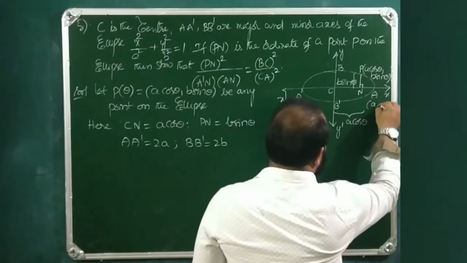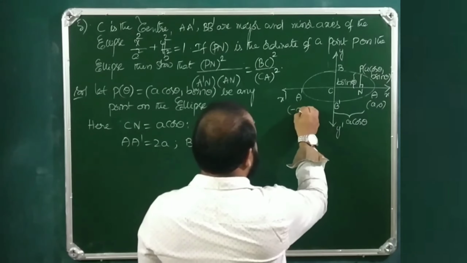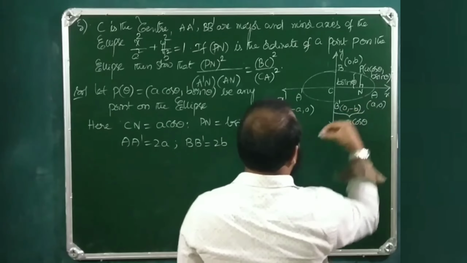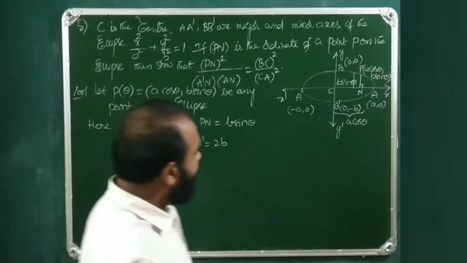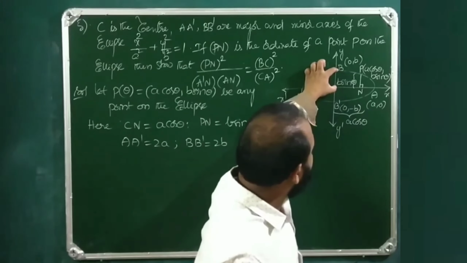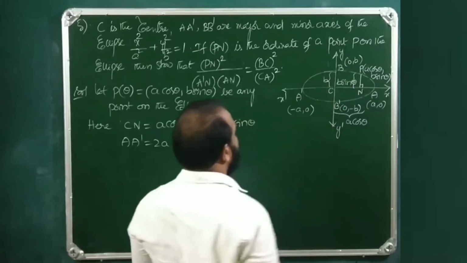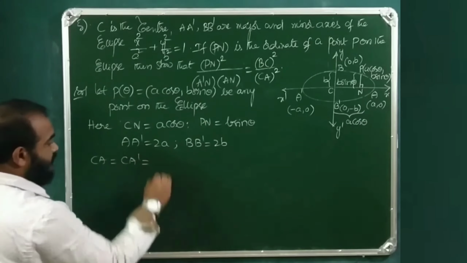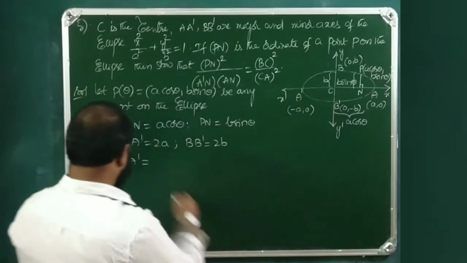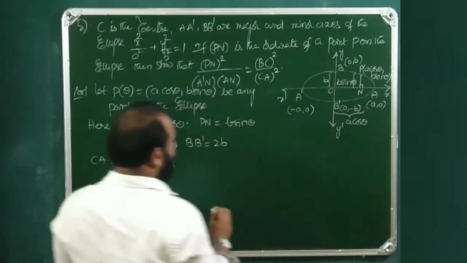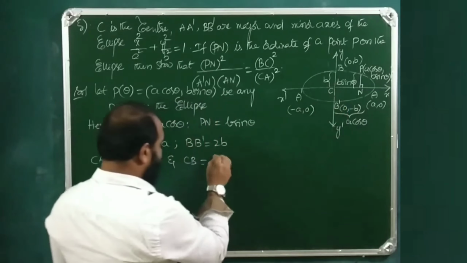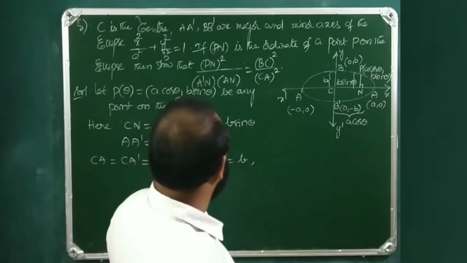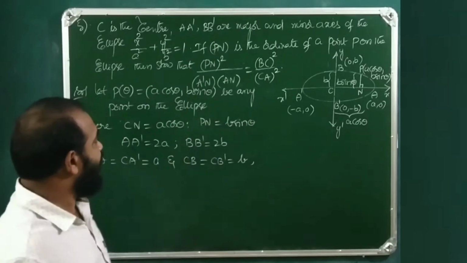That means this is A comma 0, this is minus A comma 0, this is 0 comma B, this is 0 comma minus B. So here CA is equals to CA dash is equals to A, and CB is equals to CB dash is equals to B.